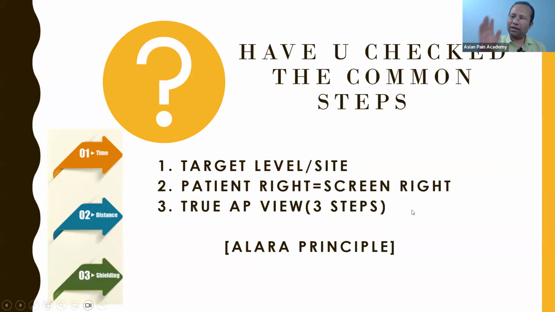For a true AP view, there are 5 steps. What is step 3? That the pedicle and spinous process distance remains the same. Though it is more applicable for the lower lumbar area, when you are making a clean AP view, while seeing the sacrum you are seeing L5 also, because this area is accessible in the same view.